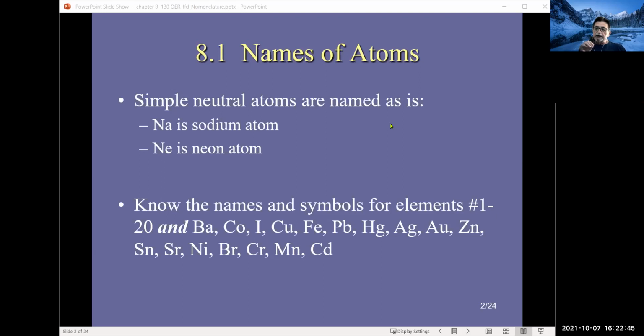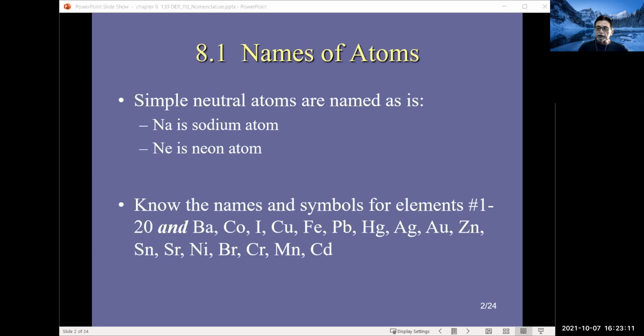Zn is zinc. And then next line we have Sn, which is stannous. Now, stannous is probably the only one that uses two names, and that is stannous or tin. In fact, you're probably familiar with this: this morning, you're probably brushing your teeth with fluorinated toothpaste.